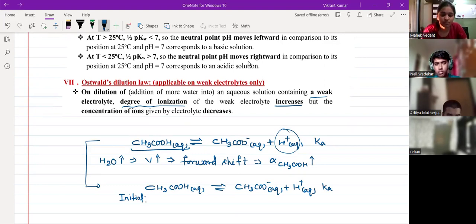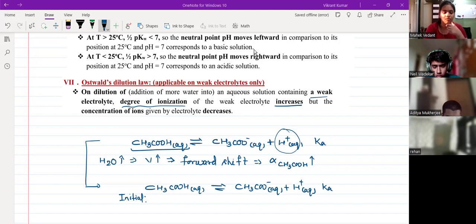No, Ishan, what is happening here is that moles are increasing but volume is also increasing, right. And the point is moles are increasing not in that much proportion in which volume is increased. Suppose I have made the volume 10 times, if alpha was 0.5 then alpha cannot be 10 times of that. It cannot be 5 because alpha cannot cross 1. And I will give you the mathematical proof of that also.